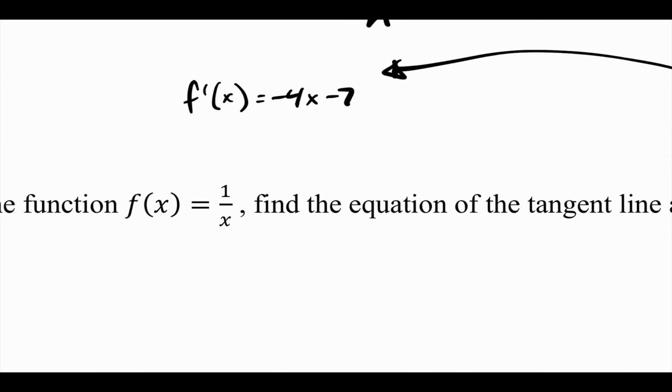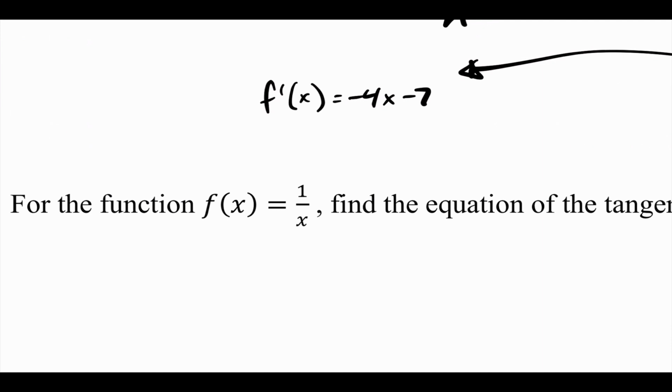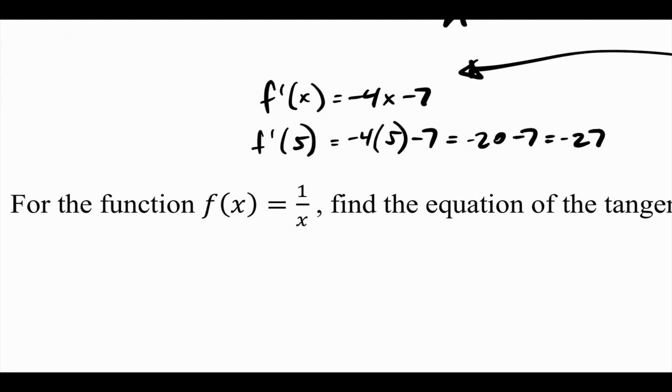So they want to know the slope at 5 when x equals 5. So everywhere you see an x, you're going to plug in a 5. Negative 20 minus 7 equals negative 27. And you are done.